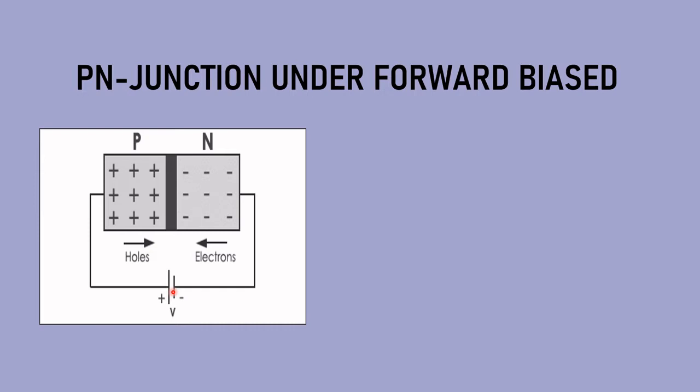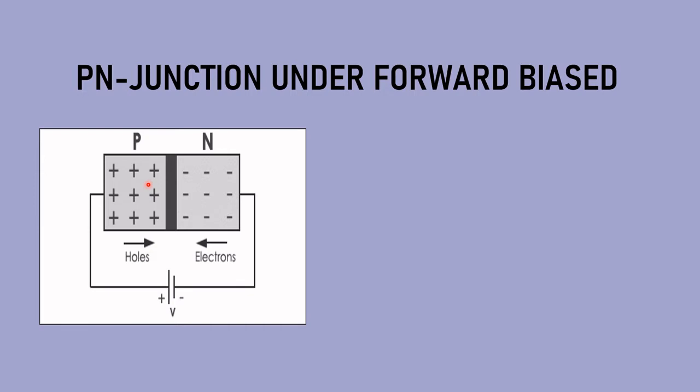The application of a forward bias, that means V, will pressure the electrons in the n-type material and the holes in the p-type material, which are the majority carriers on the two sides, to recombine with the ions near the boundary region and reduce the width of the depletion region.